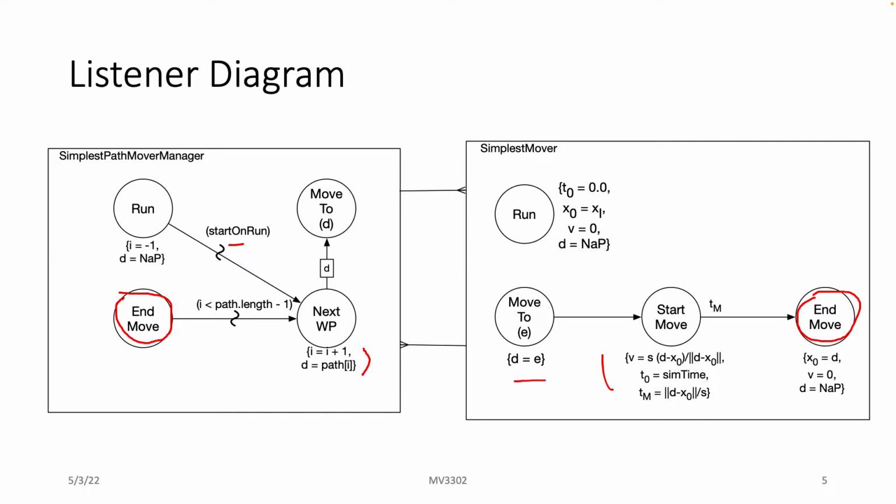If startOnRun is true, and just as an extra check, if my nextIndex is less than the length of the path minus 1, in other words, if there actually is one. If I've given it a path of length 0, this doesn't make sense because I'm telling you to go to a location that doesn't exist. So this is just an extra check on that.